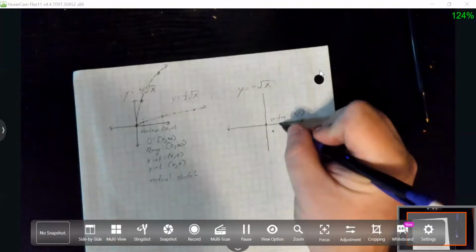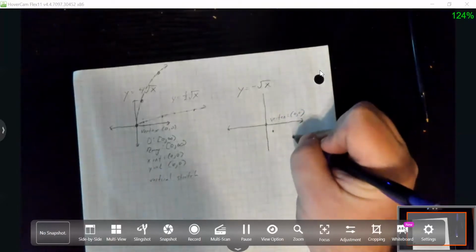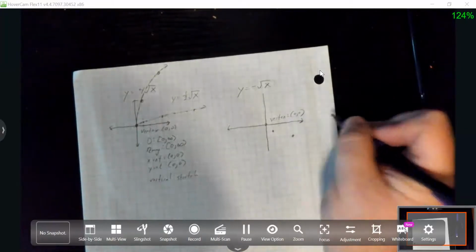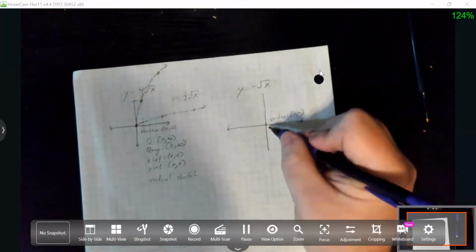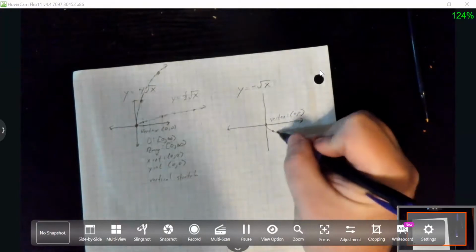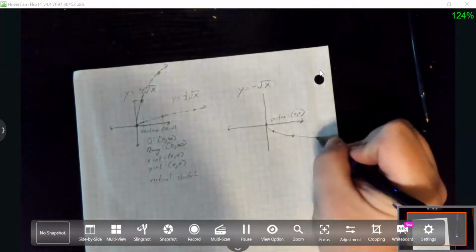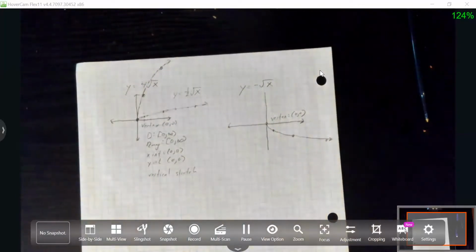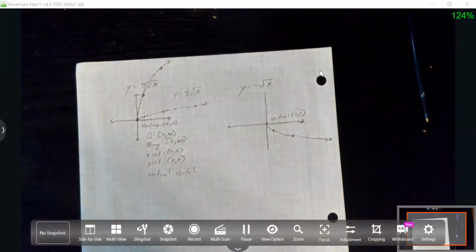Over 4, down 2. Over 9, down 3. And we ended up with something looking like this. So all of those still apply in how we've done them before.